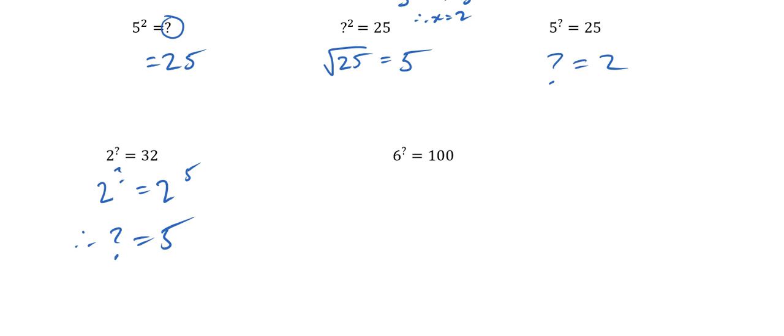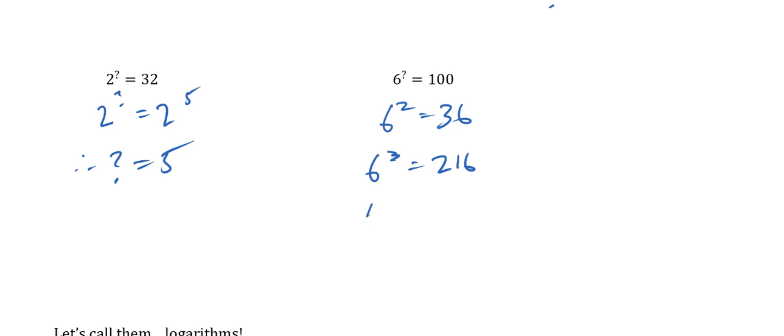Some people even do it this way. In elementary school, you probably start like this. We'd say, well, 6 to the 2 is 36. 6 to the 3 is 216. So now I have to start guessing at numbers in between. So what's 6 to the 2.5? Somebody help me out. 88.2, that's good enough.